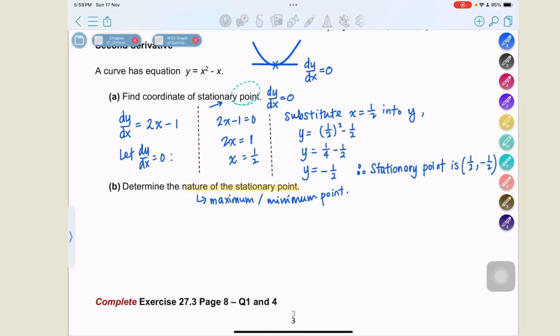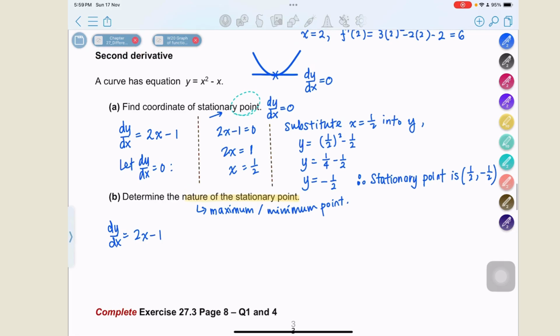To work out this part, in your first derivative, I get 2x minus 1. To determine the nature of the stationary point, we have to differentiate one more time. So for this question, I will differentiate a second time. That is called the second derivative.